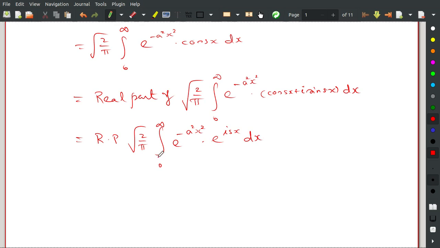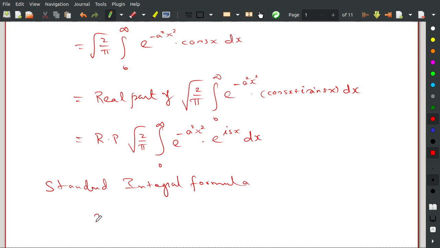And there is a standard formula for this integral.